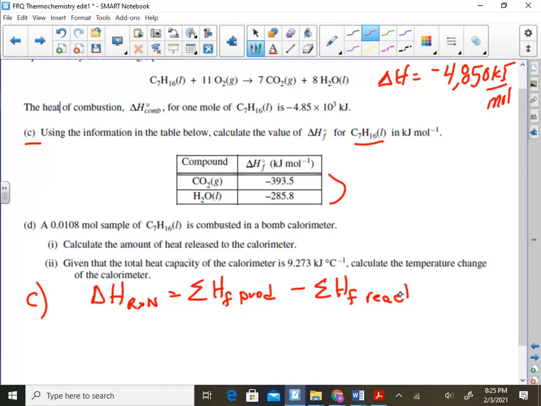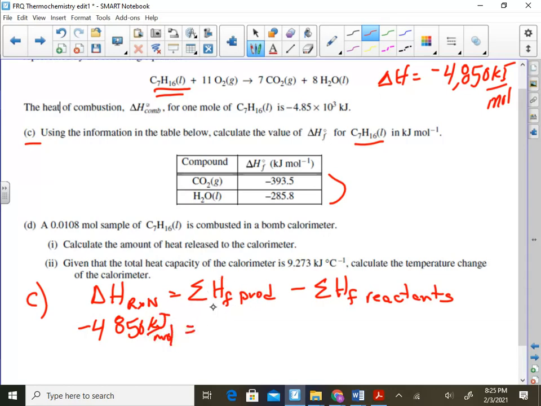And so we are going to use that to solve this problem. And so we know this one, we know this guy. We are trying to find the delta HF of one of the reactants, but we know this delta H of reaction. So we're going to go ahead and put that in here, 4,850 kilojoules per mole for this one.